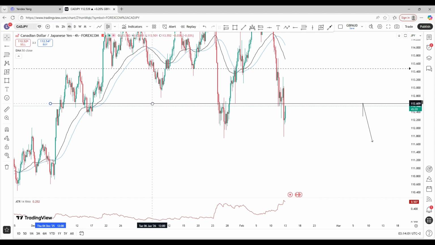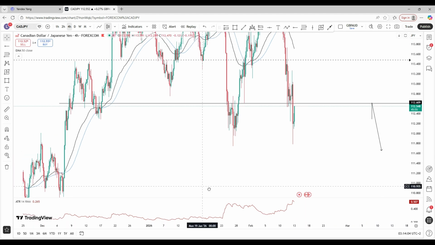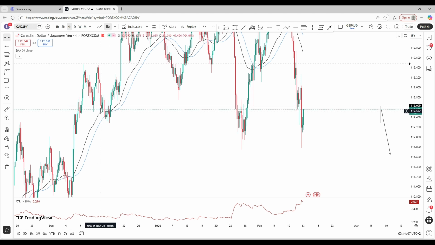I'm going to put this somewhere right here. Why am I choosing this point? If we look somewhere around here, this low a while ago acted as support, resistance, support, and now probably is going to act like resistance again. So I'm going to draw my zone around here.